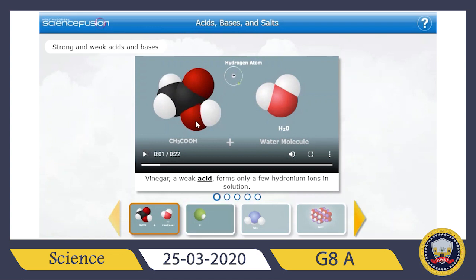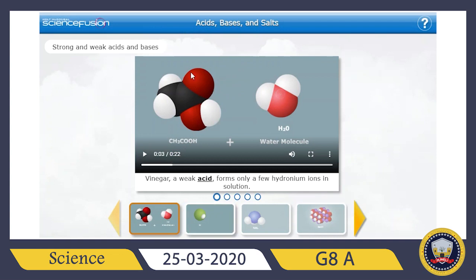Here what is happening, actually, from the molecule of vinegar, one hydrogen atom is going to the water molecule to form a hydronium ion, this positively charged ion. But if it's a strong acid, this ionization happens more. If it's a weak acid like this, only some molecules will break apart, okay?